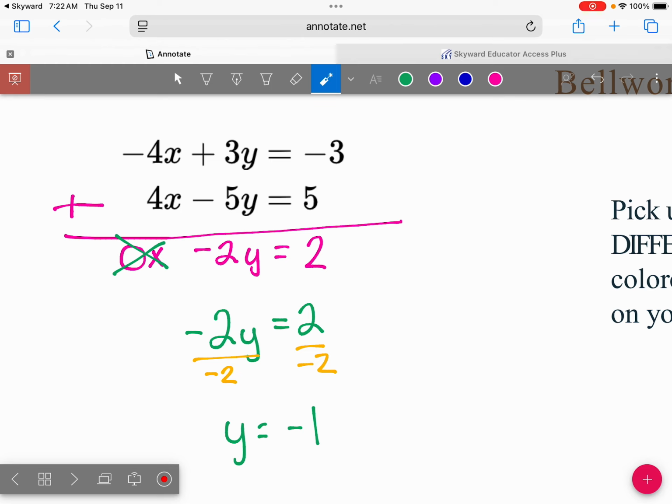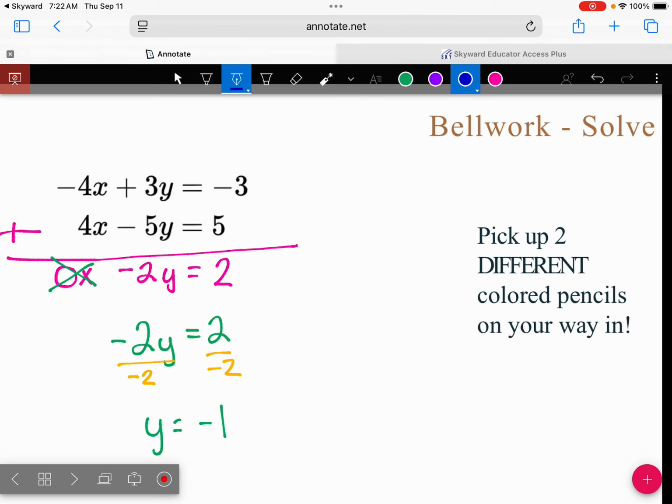How? Substitute it in. To what? Either of them. I can use the top one, I can use the second one. Genuinely, it does not matter which of these we use. We should get the exact same answer. I heard someone say the top one first, so I'm going to go with that.